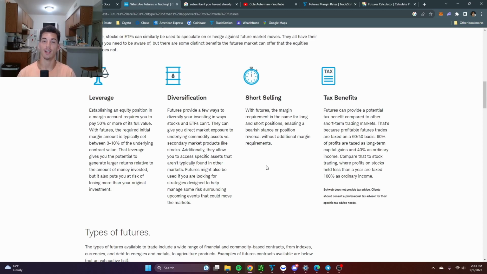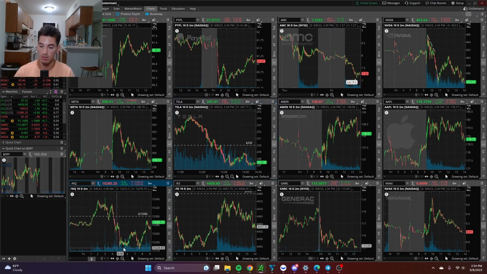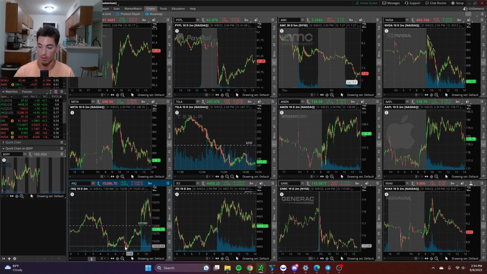So it's kind of cool because you can take a trade in the overnight session, like what would be right here, and there is some decent moves.